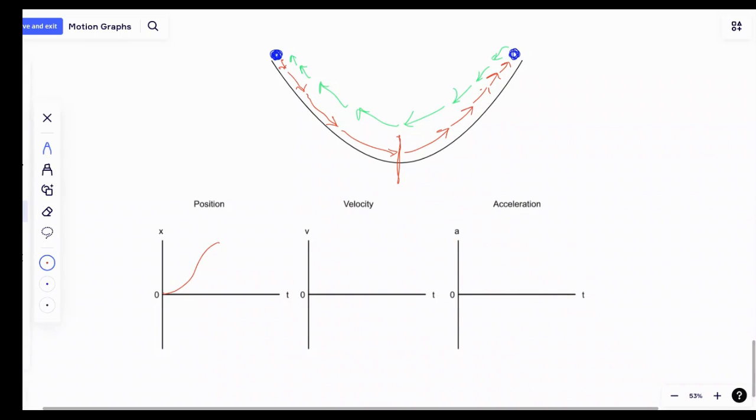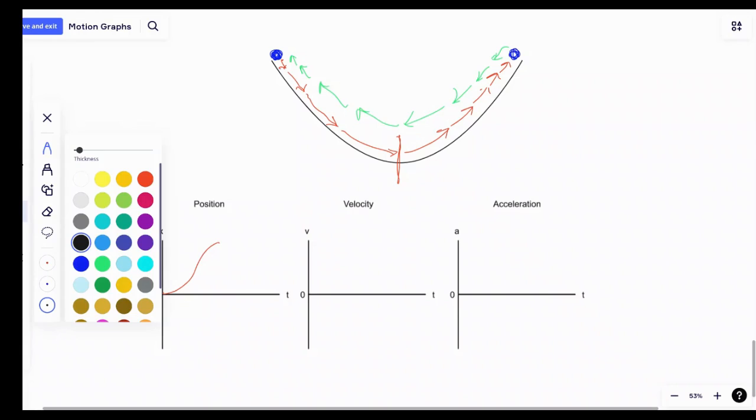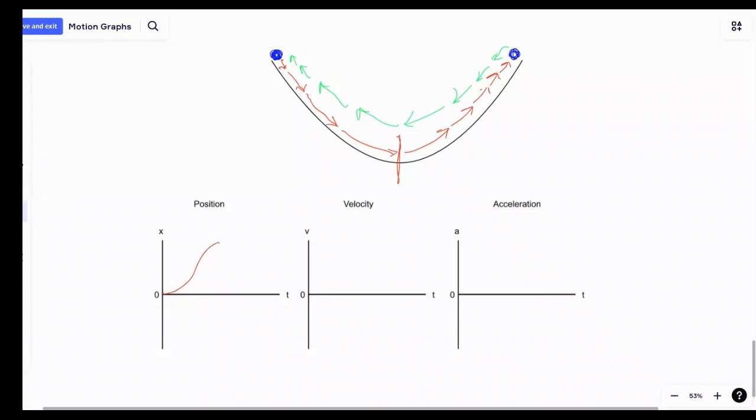The second part of the trip, it's still slowing down, and then it gains speed in the other direction, okay? It has changed direction here, right? That's the top of the hill up here. So it's changed direction. It's still slowing down, but it's gaining speed in the negative direction now, right?